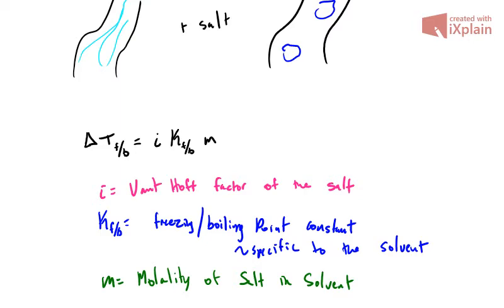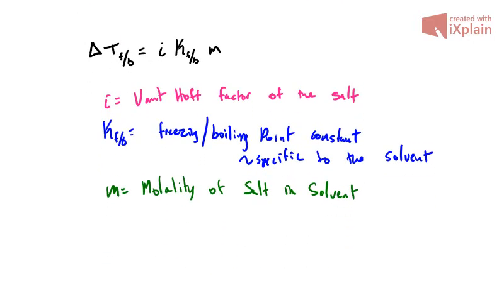Okay, so if we do an example one, say I have 20 grams of NaCl in say 200 kilograms of water. And we'll make it 200 grams of salt, just to make it more realistic.